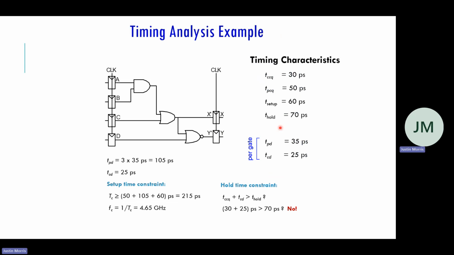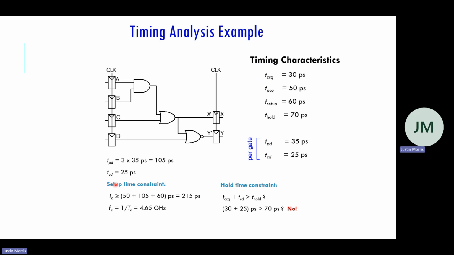So here is our timing analysis example. We have these 4 registers, A, B, C, D, and we have 2 output registers, X and Y. And we need to do our 2 equations, right? We have setup time.